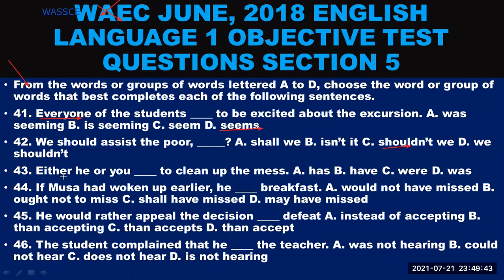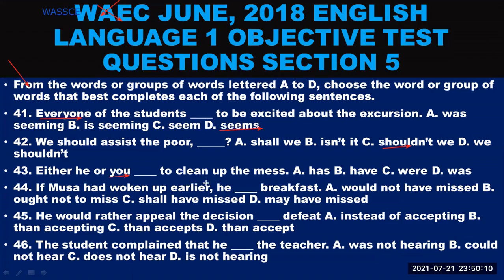When you have a correlative, either/or or neither/nor, the rule is that the subject that is nearer to the verb determines the verb to be used. Here we have you, which is nearer to the verb. This is what we call the rule or the law of proximity.